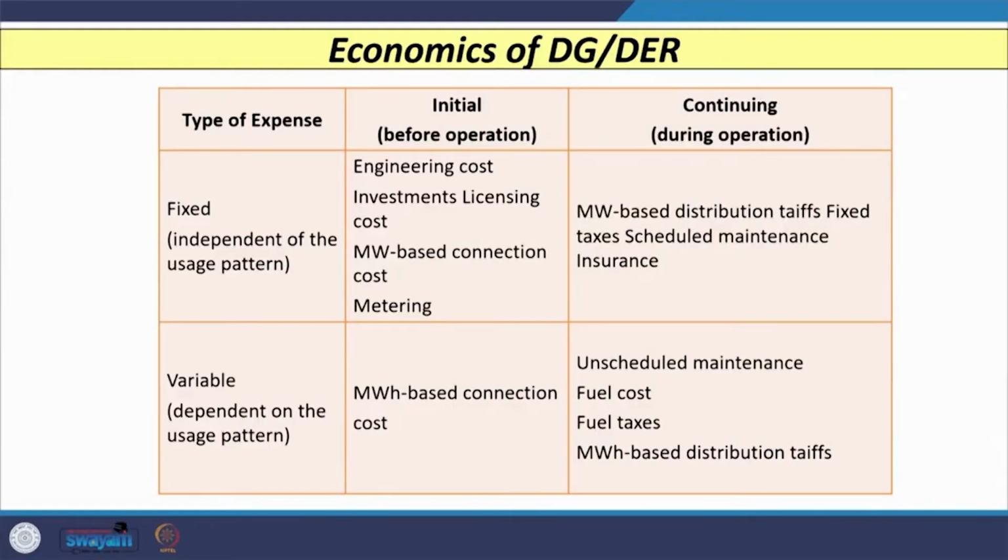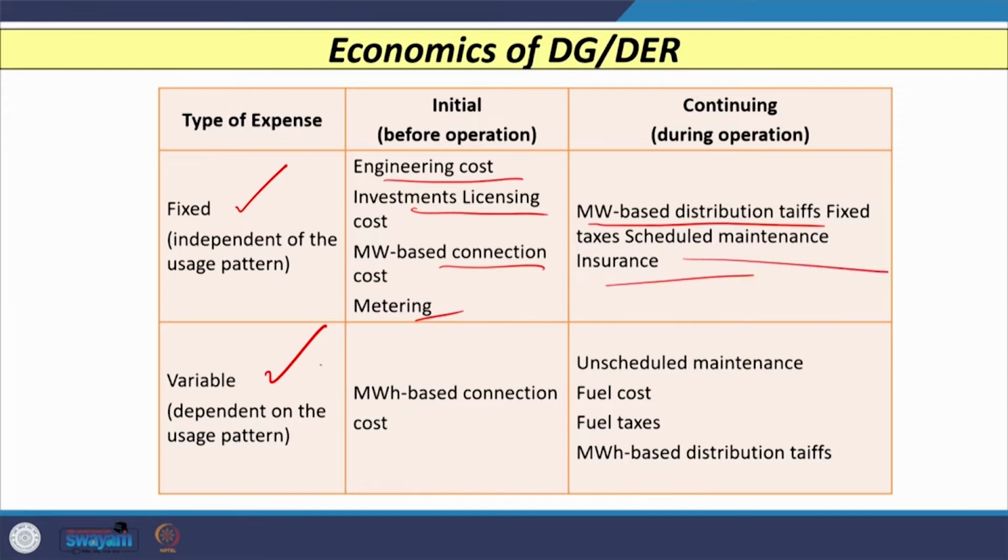If we talk about the economics of DG or DER, then there are fixed costs and variable costs involved. If we consider the fixed cost, then the initial cost involves engineering cost, investment licensing cost, connection cost and metering cost, whereas the running cost during operation involves megawatt based distribution tariff, fixed taxes, scheduled maintenance and insurance.